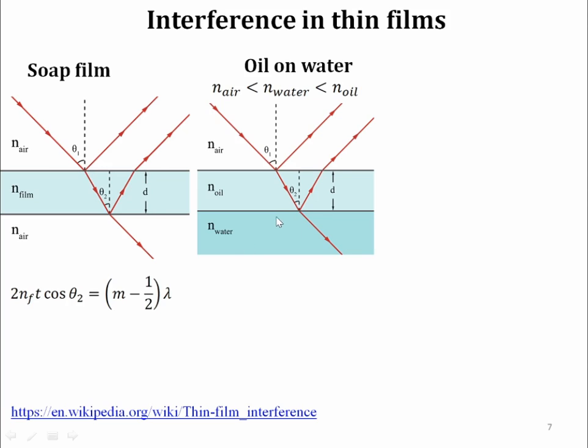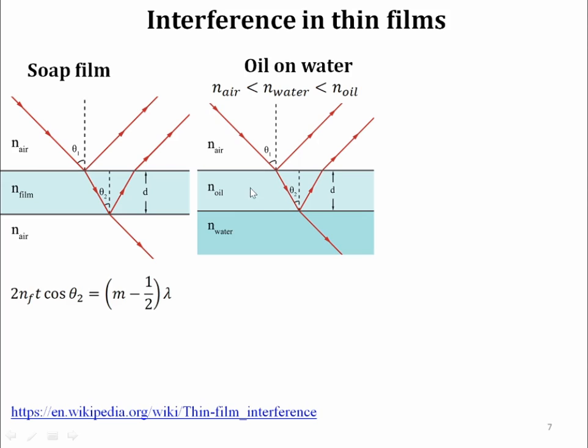The reflection will suffer a phase change of pi by 2 only when the ray is traveling in the rarer medium and goes back into the rarer medium. So in this case, here there will be a phase change of pi by 2.